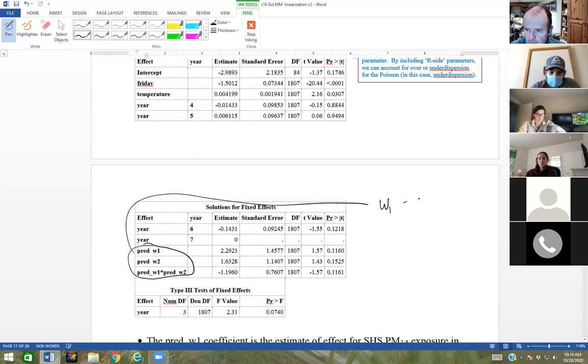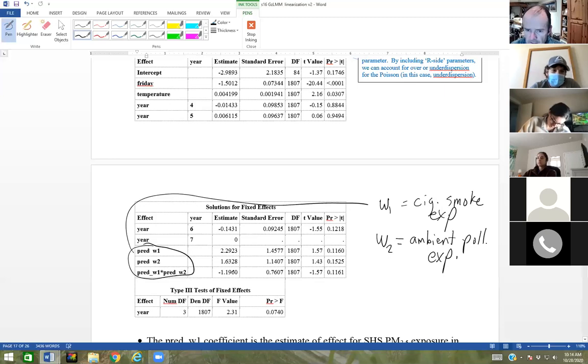W1 is the cigarette smoke exposure, and W2 is the ambient pollution exposure. So this is saying that, and we have an interaction here. How would you interpret this one, 2.29?